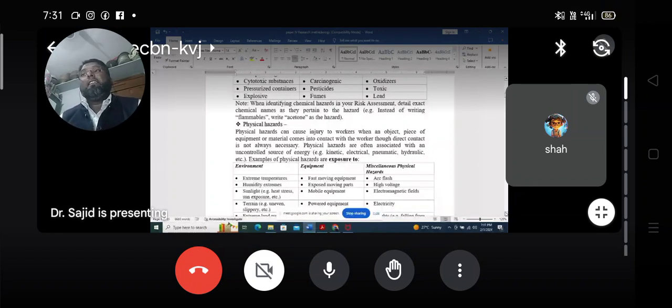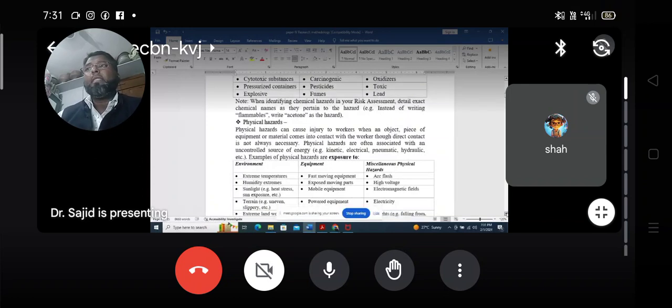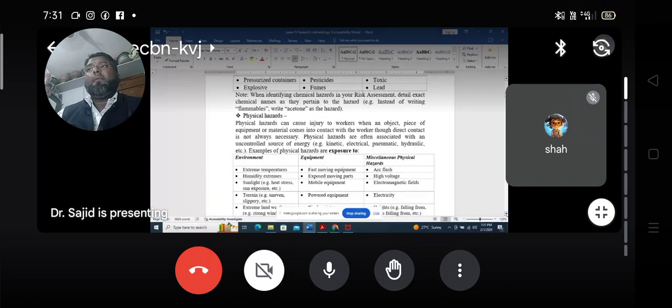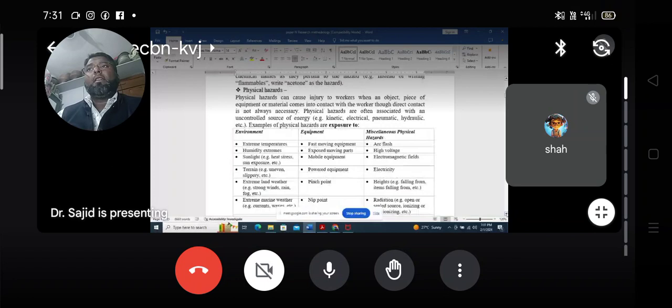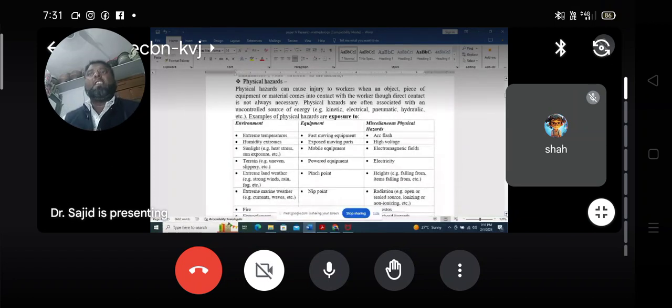Physical hazards. There are many different types of physical hazards. They are associated with kinetic, electrical, pneumatic, and hydraulic sources. A few examples are mentioned over there; you can see them. Environmental factors are there, then equipment factors, and miscellaneous physical hazards.